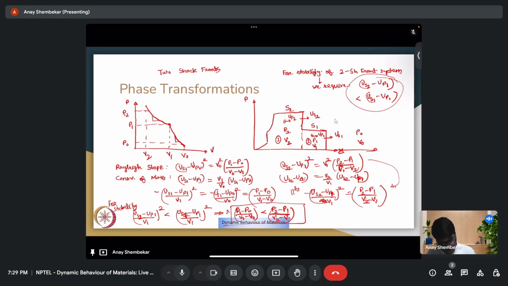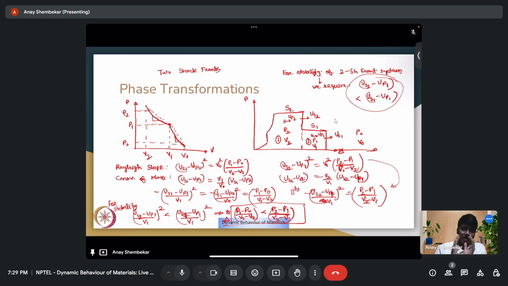So this is the stability condition, and what it means is that whatever your Rayleigh line can be drawn before the discontinuity and after the discontinuity connecting those two states, their slopes should be such that the slope of the second part of the Rayleigh line should be less than the slope of the first part.